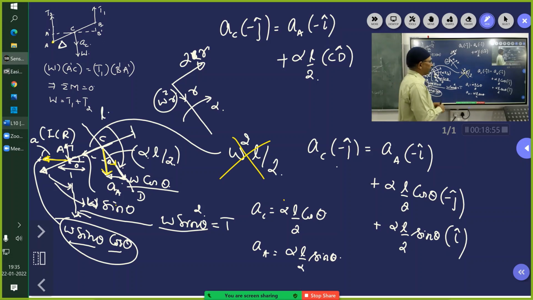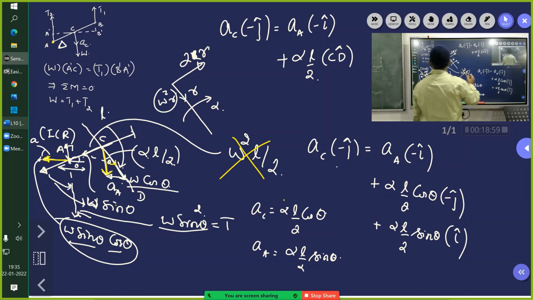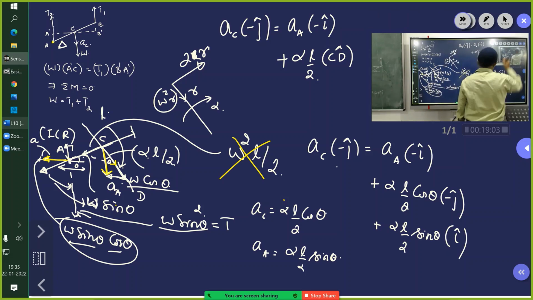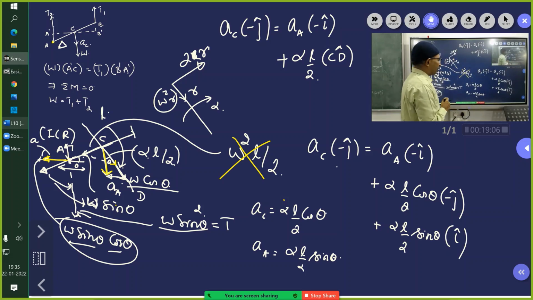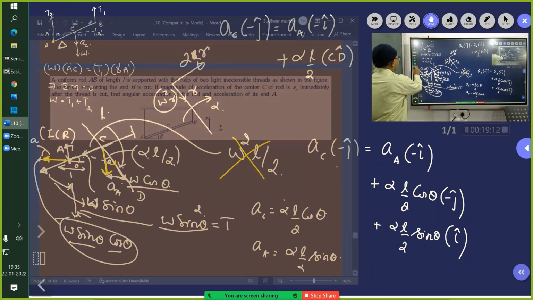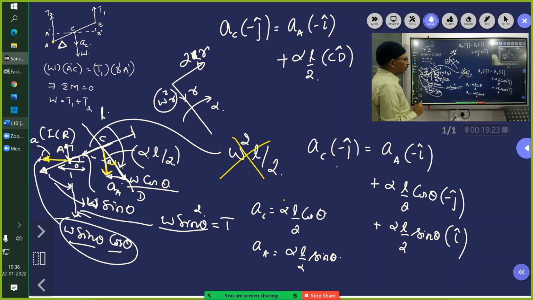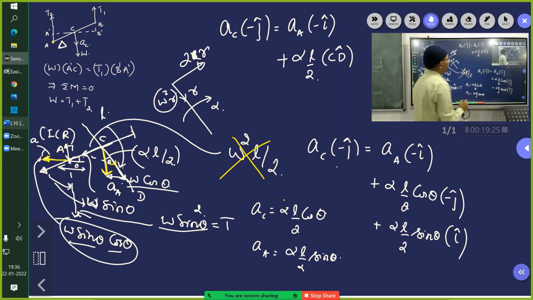They have asked us to find the angular acceleration of the rod, alpha, and even the acceleration AA. Two things they have asked: alpha and AA. So what is the value of alpha?